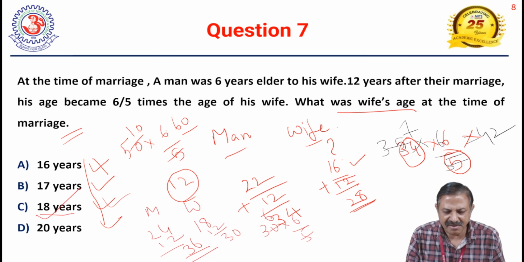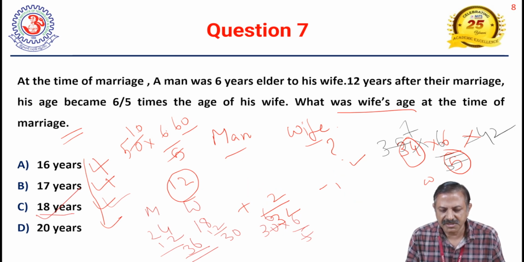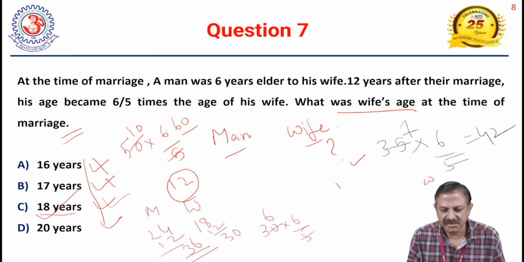Immediately if we take 17, let us check. Now wife is, now once I'll use this eraser and go for next option. We are going for the second option in the same way. Let us see this. What is that second option? Man and wife. Wife is 17 years.